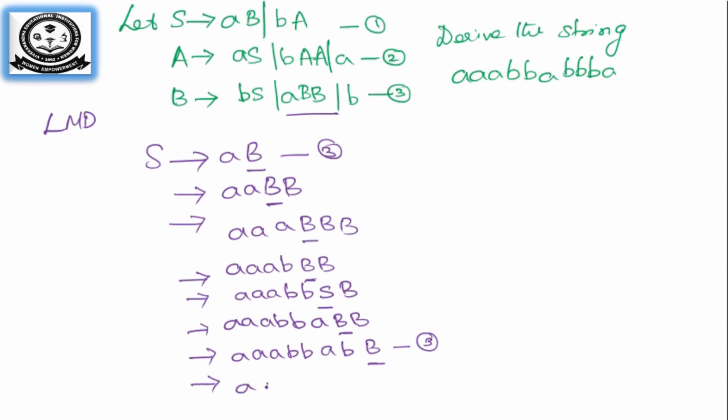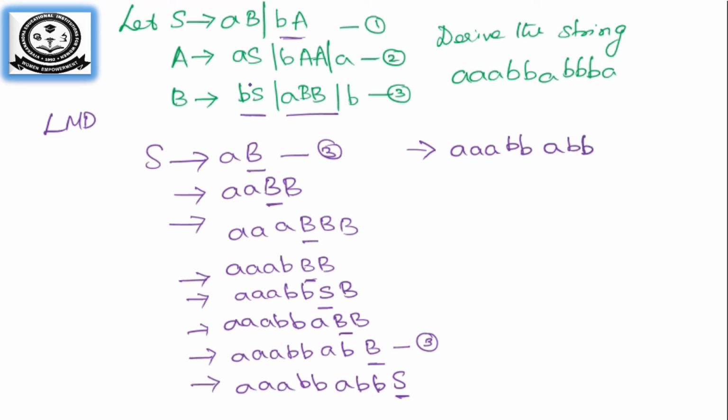So A, B, B, A, B. Instead of that, I'm going to use BS over here. So BS, right? Again, this S can be substituted with BA. So I need multiples of B. So what you will do is I will substitute here A, triple A, double B, A, double B. Now I'm going to use, instead of S, A here.